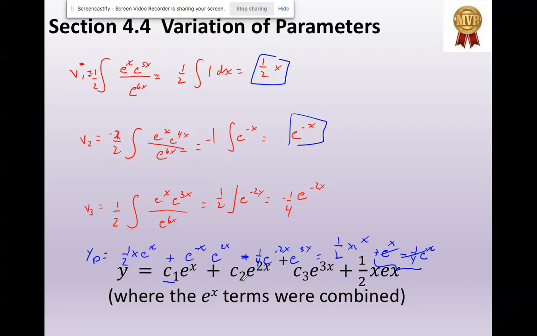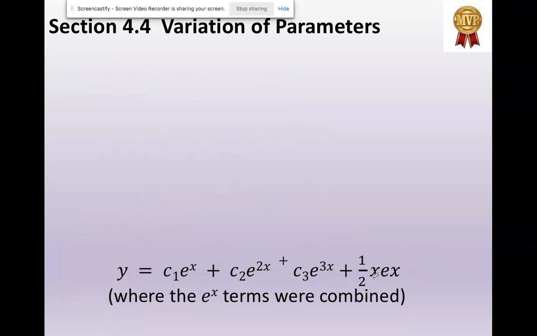So the only thing I needed to add on was the 1/2 x times e to the x. What the heck? That's supposed to be an e to the x. Okay. Remember, the e to the x terms that I had all got wrapped up into here.